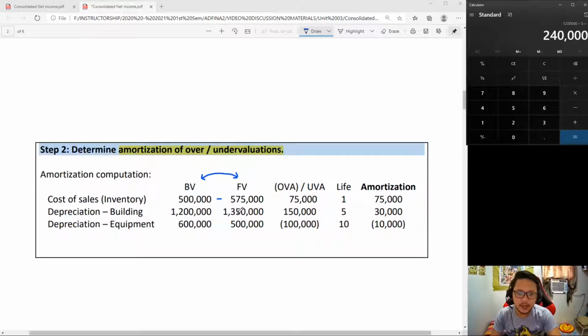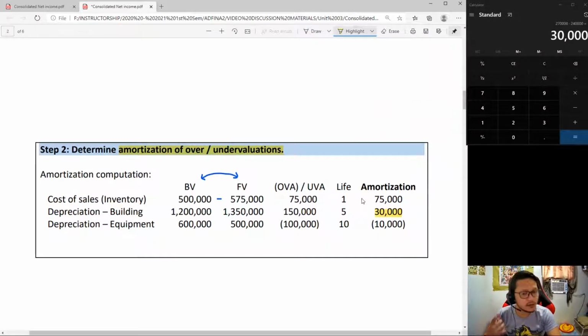But the actual depreciation for consolidation should be 1,350 divided by 5 years, which should be 270. 270 minus the 240 he recorded means there should be an additional depreciation of 30,000 as computed here.